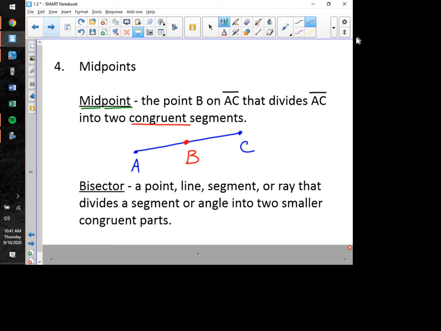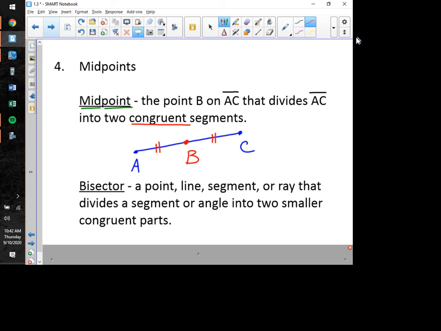How do I show two congruent segments? Tick marks, everybody. Line segment AB is congruent to line segment BC. And now, in that diagram, I know that B is my midpoint. Why? Because B is on segment AC, they're all collinear, and AB and BC are congruent to each other.